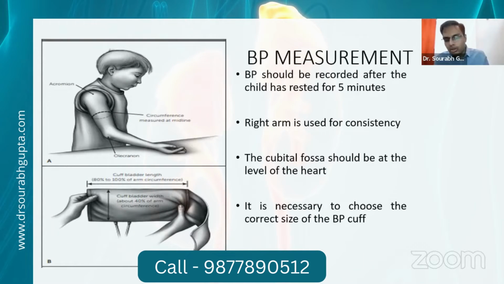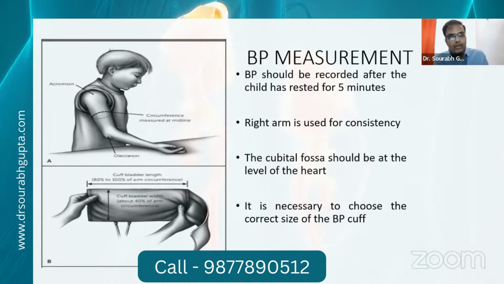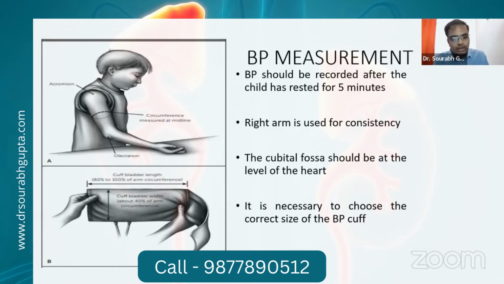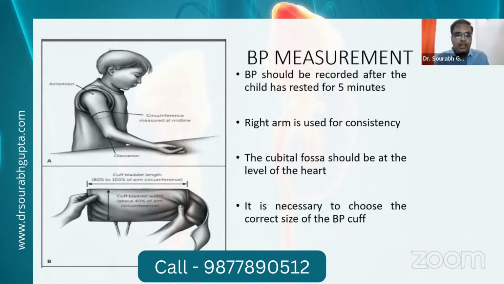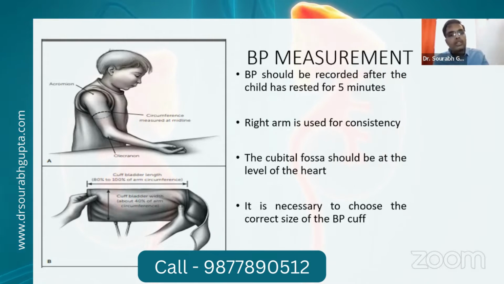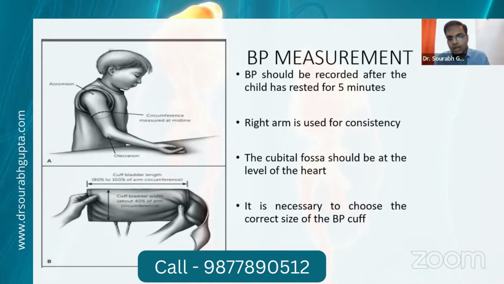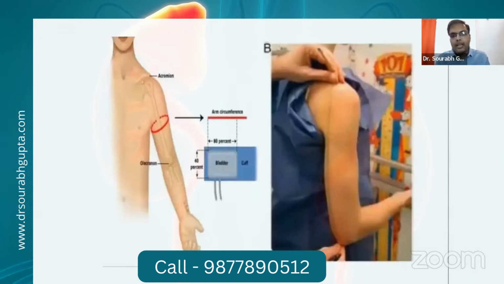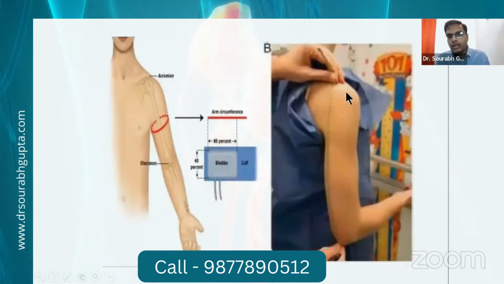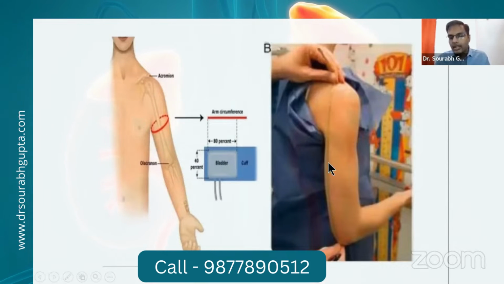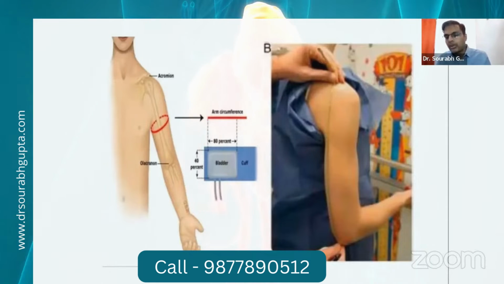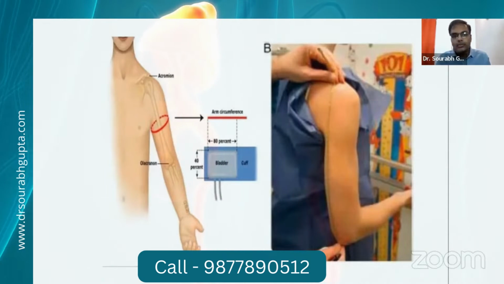Previously, we used to say two-thirds of the length between the olecranon and acromion process, but it has to be measured against the arm circumference and not the length. So one has to mark the olecranon and the acromion to get the midpoint, and at this midpoint one should measure the mid arm circumference.